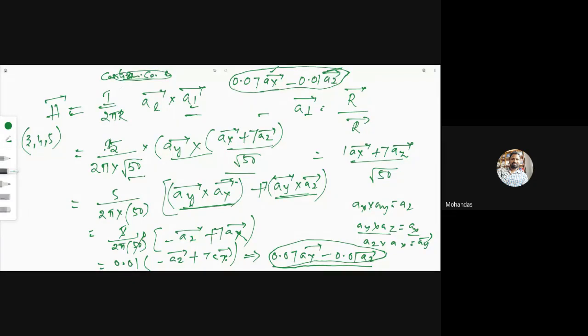So with this, the problem is finished, and do the second problem. What is the second problem? Calculate H at the origin. Origin means 0, 0, 0. Then can you guess what is the source point to establish the perpendicular distance? 2, 0, -2. Very good.